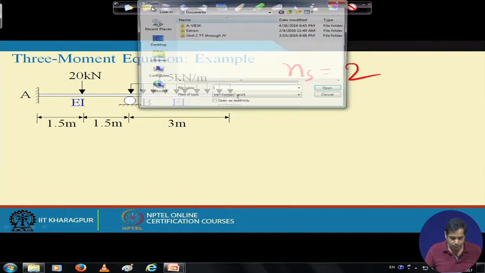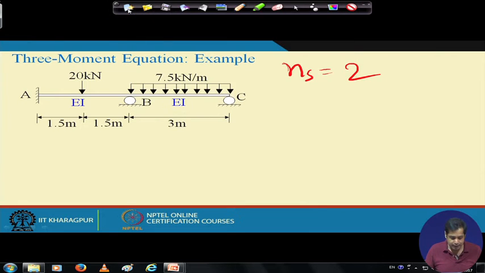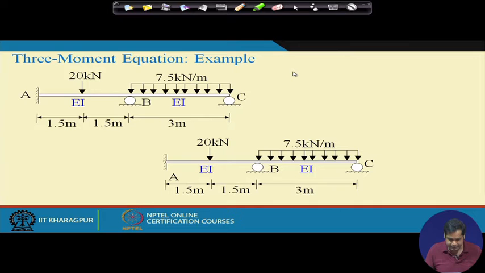Okay. Now, you see this is the beam. Now, how to treat the case when your support is a fixed support. Fixed support means all degrees of freedom are constrained, right.